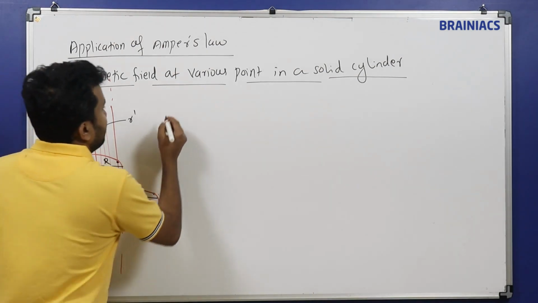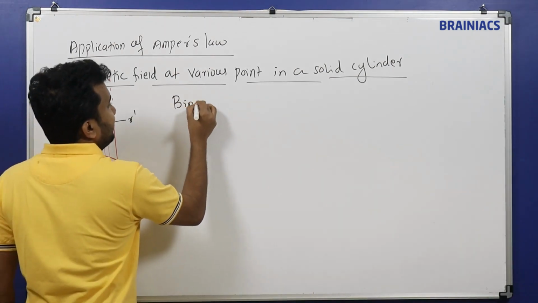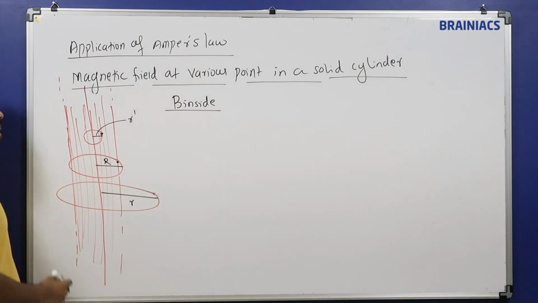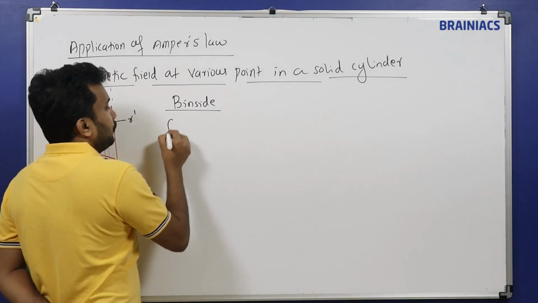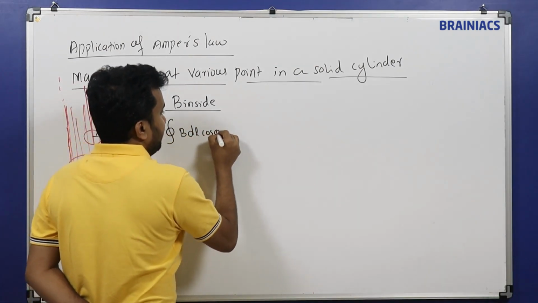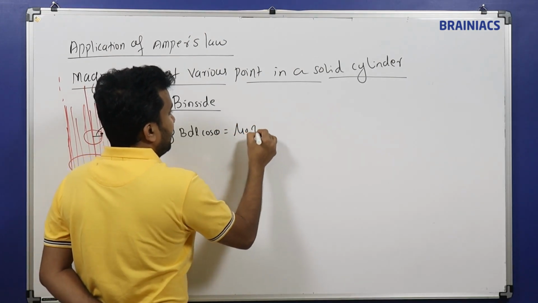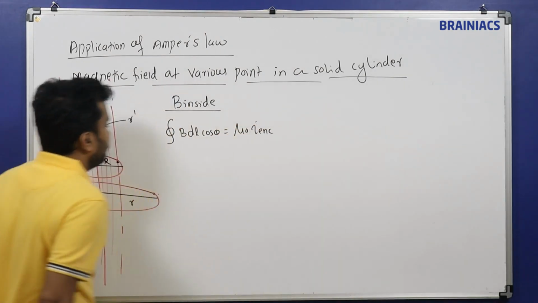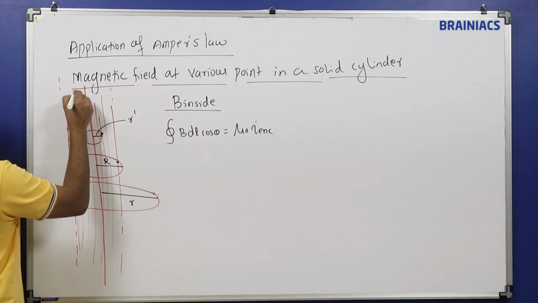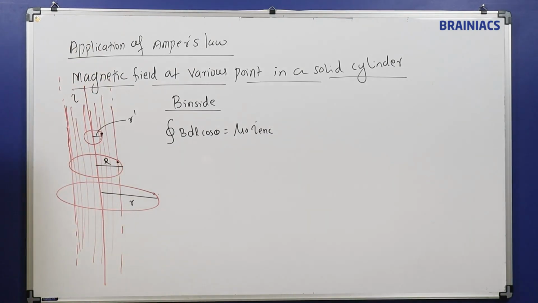So first, magnetic field inside, B inside. First we will write the law: closed integral B dl cos theta equals mu 0 times current enclosed. You have to assume that for the complete cylinder, I amount of current is passing.